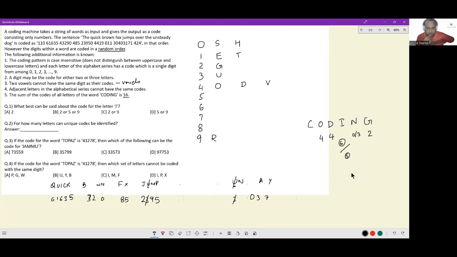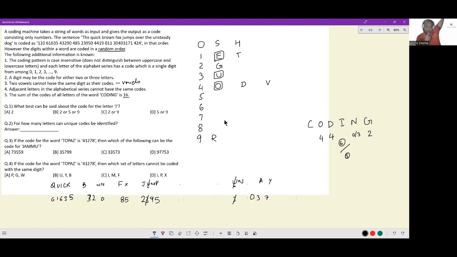6 or 5. Oh, 3 vowels are already accounted for. This is a vowel, special number. This is a vowel, special number. This is a vowel. So there are 2 more vowels left, A and I. I can be 6. A cannot be 6. A, can it be 0? Possibly.